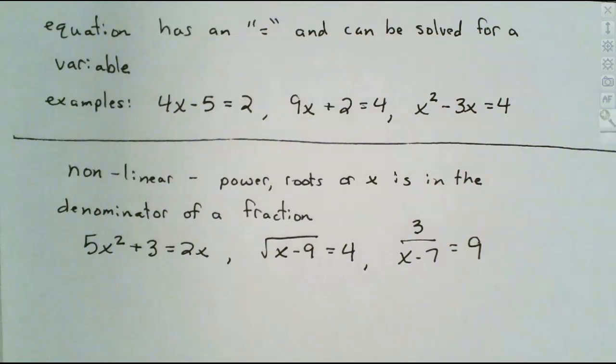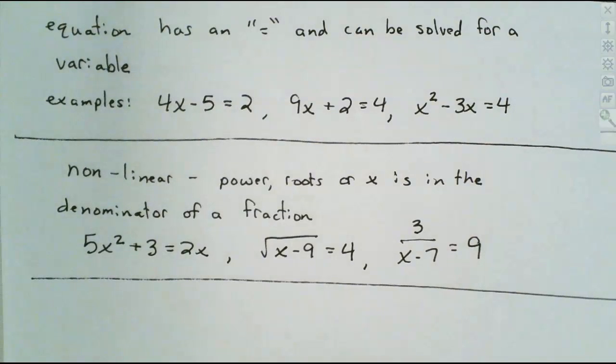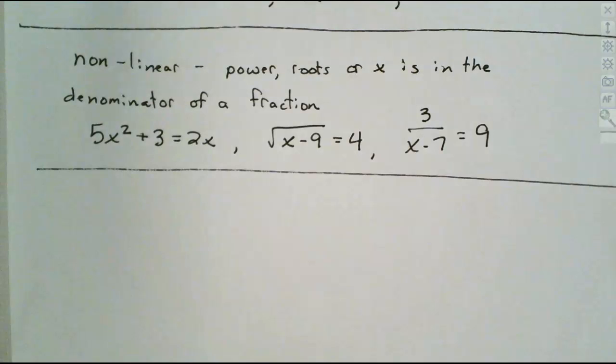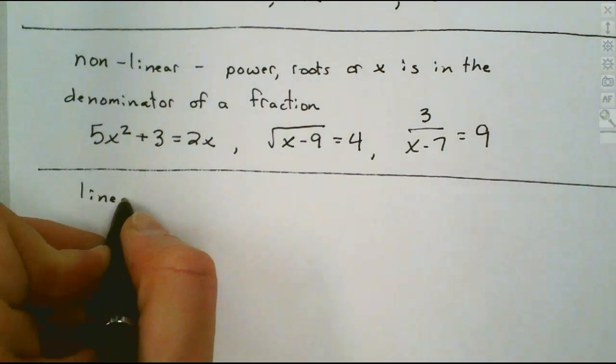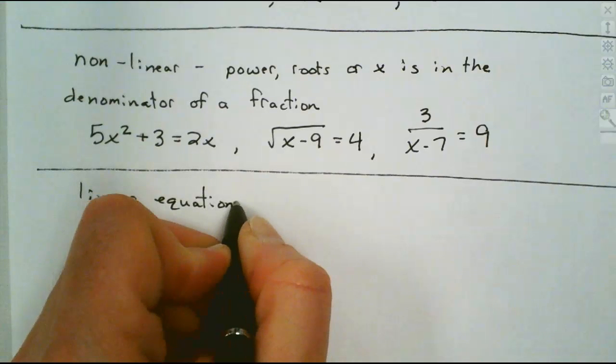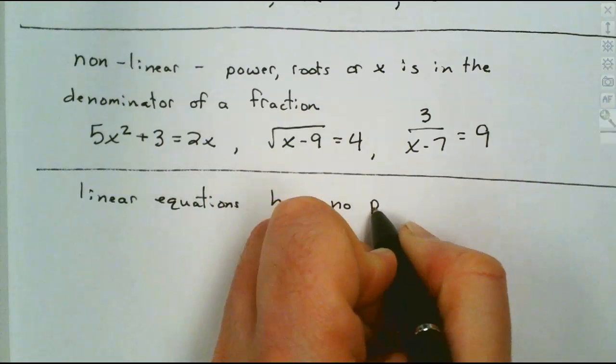Now, this is going to be the second half of Chapter 1. The first half is primarily going to be linear equations. And so we've talked about nonlinear, but what are linear? Linear equations don't have any powers or any roots. So these are all linear. So linear equations have no powers or roots.